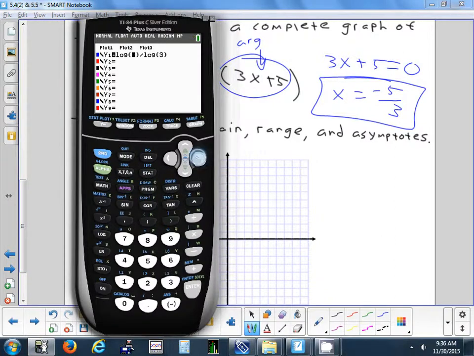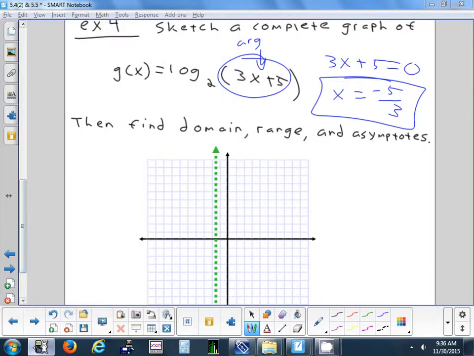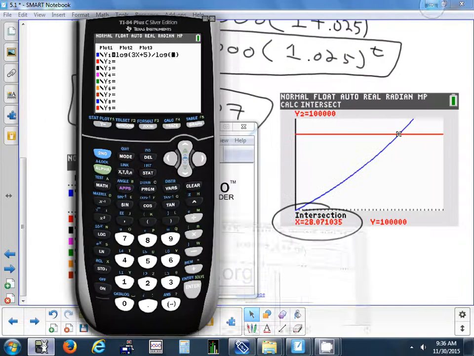So log of 3x plus 5. And what's the base? 2. Base 2. Okay, go second, go to table.